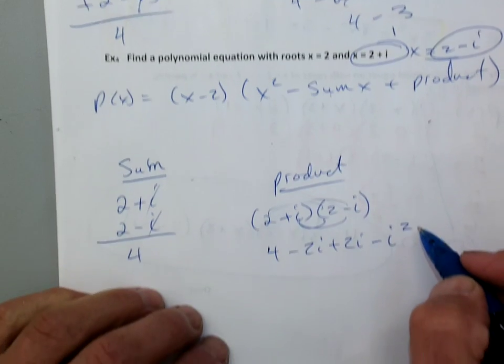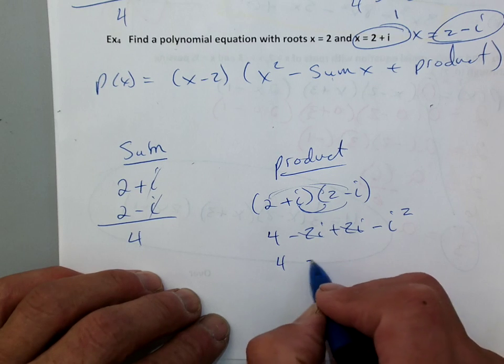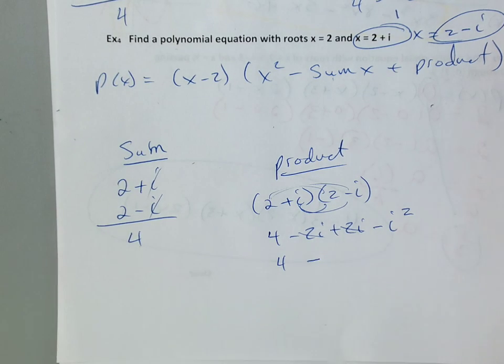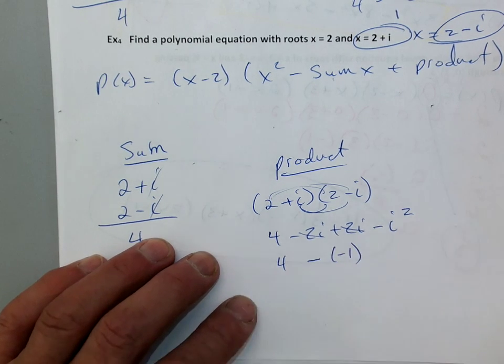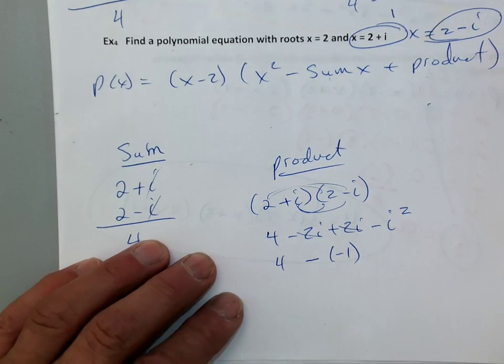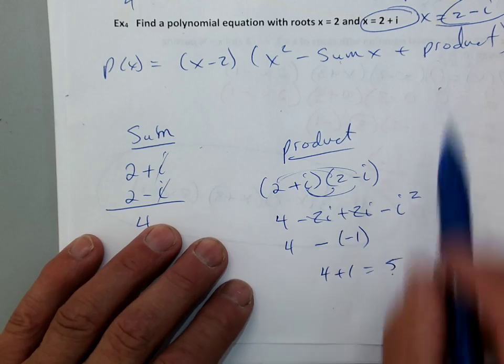Okay? Cancel, cancel. I'm going to get 4 minus, now I squared we said was negative 1, right? So I get negative 1. I've got my double negative, so I get 4 plus 1 equals 5. Okay, so I'm going to put that right there.